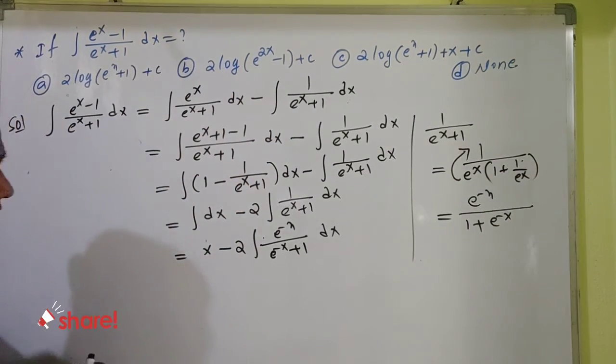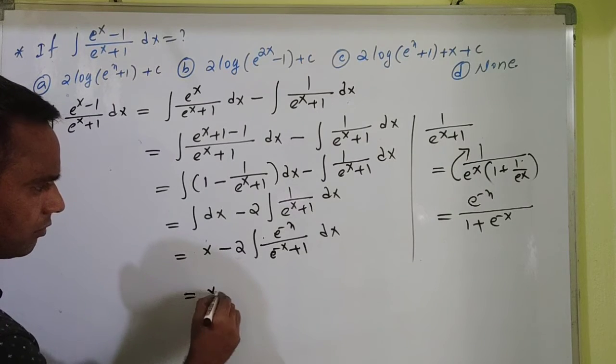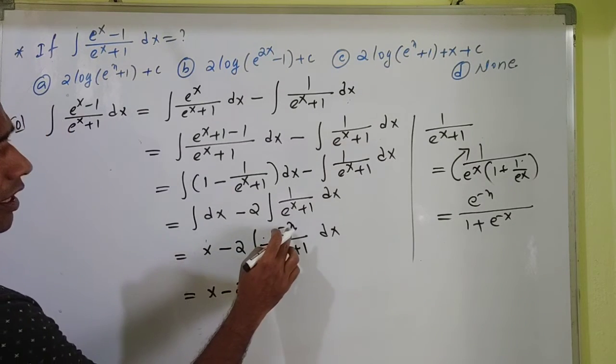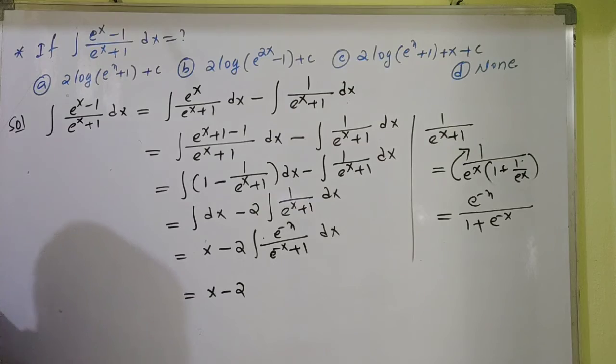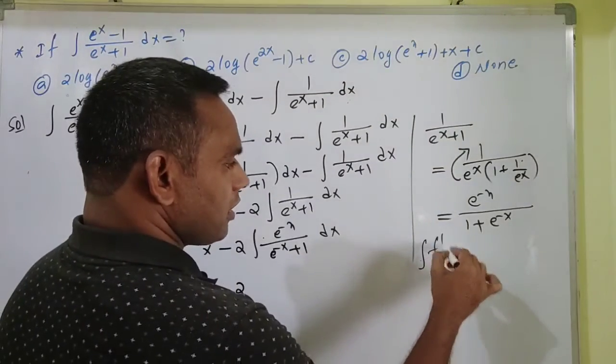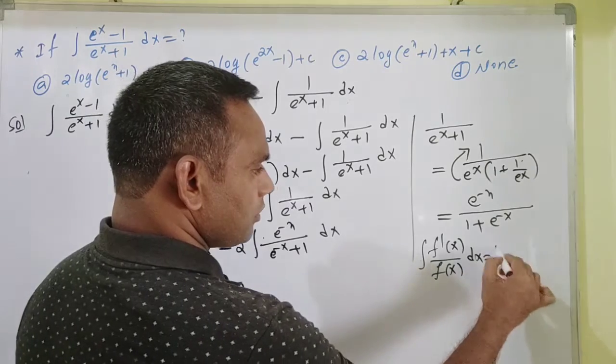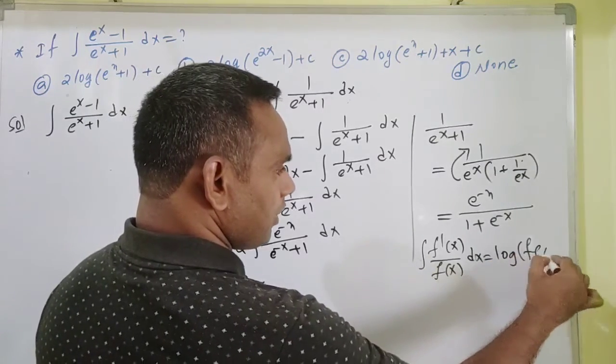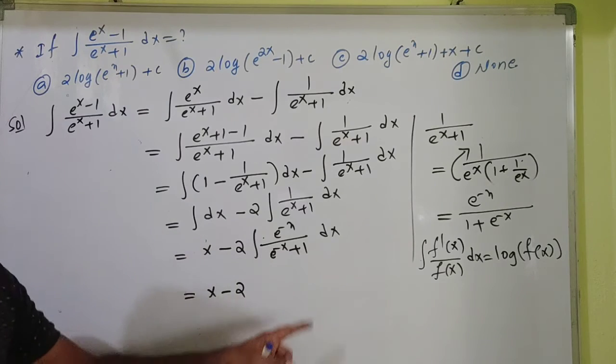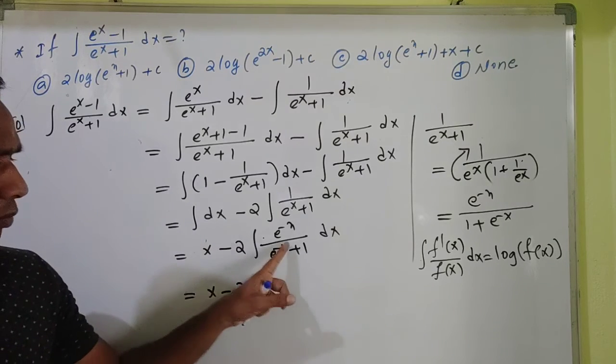Now write x minus 2 into the integral of f dash x by f of x dx. We know the formula that the integral of f dash x by f of x dx is equal to log of f of x. Here f of x is 1 plus e to the power of minus x.